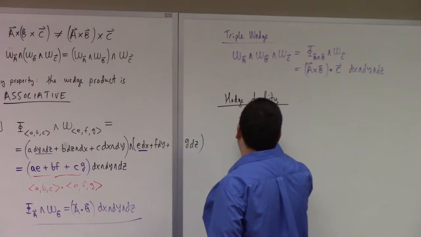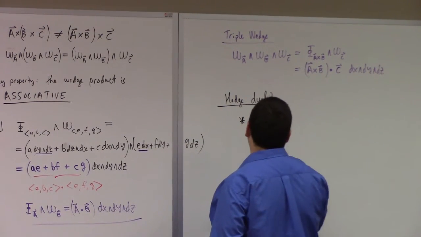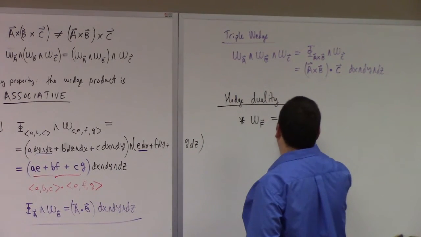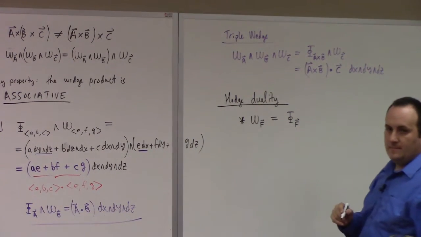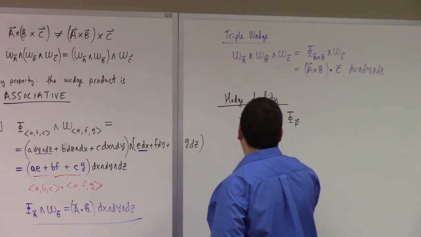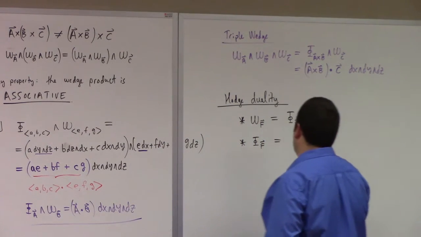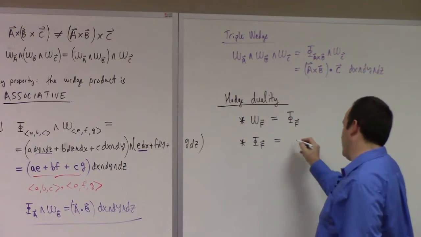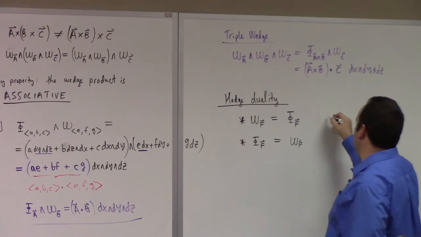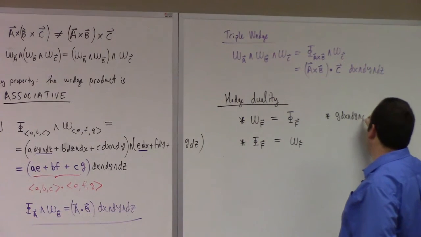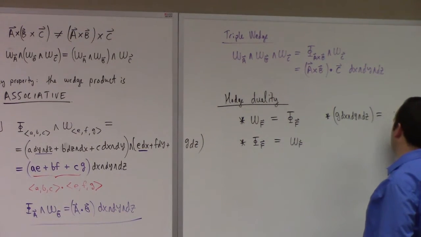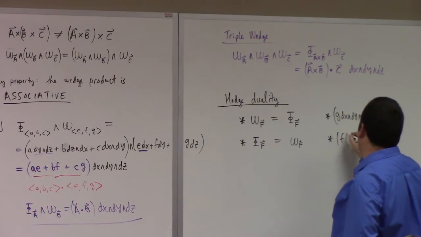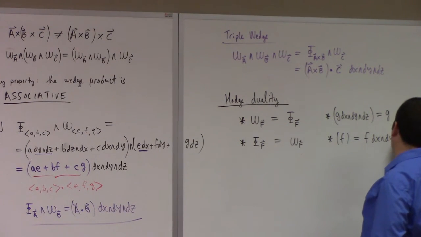The Hodge dual of the work form of F is, wait for it, the flux form of F. The Hodge dual of the flux form of F is the work form of F. The Hodge dual of the volume form G dx wedge dy wedge dz is G. The Hodge dual of F is F times dx wedge dy wedge dz.